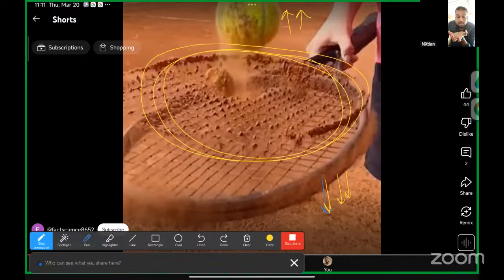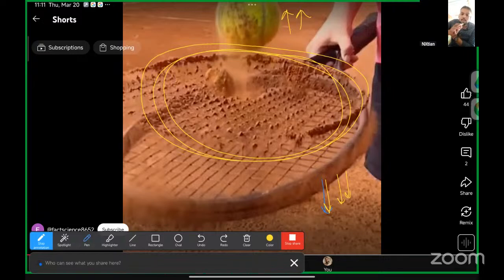Because of inertia. Inertia is not allowing the dust particles to move upward or downward because it's the tendency of an object or matter to resist motion. That's why you can see that the sand is at the same position. It's not moving downward or upward for some instant of time only.